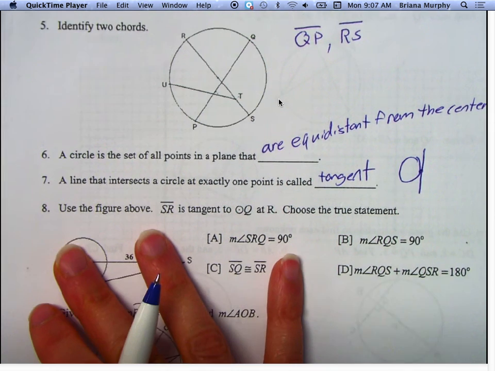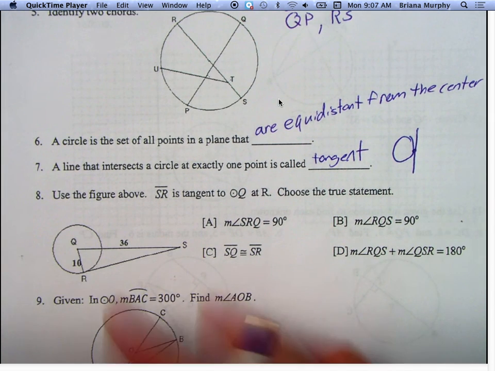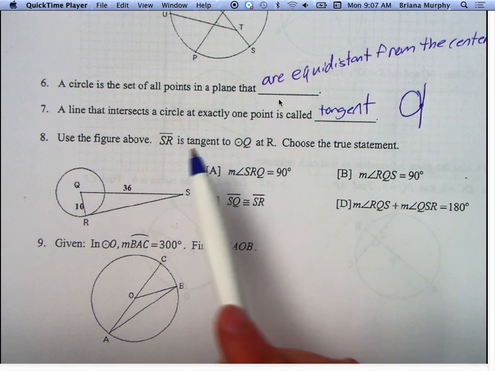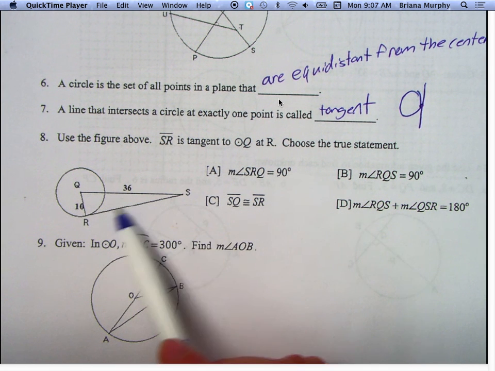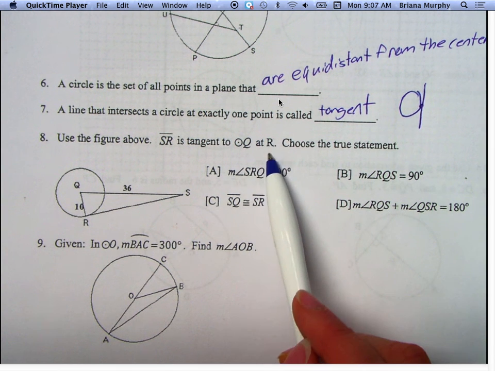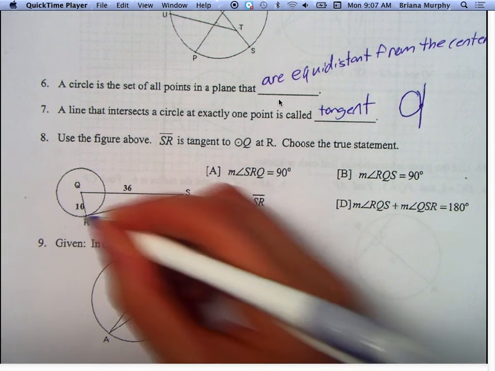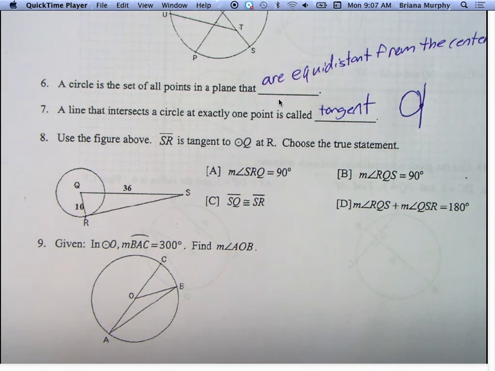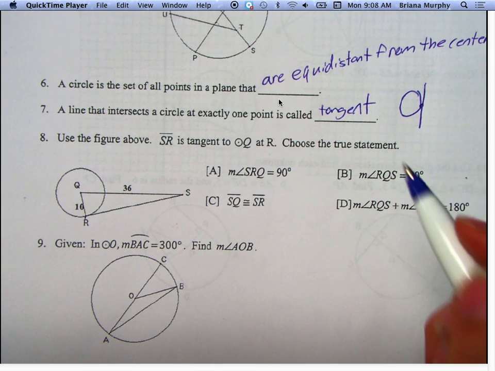8, it says use the figure above. It should say use the figure below. I don't know why. Maybe when we did it at first, this was above. SR is tangent to circle Q at R. So that's my tangent point. Choose the true statement. First of all, I saw the word tangent, so I would turn to my tangent page. Okay? And look at the things I know about tangents.